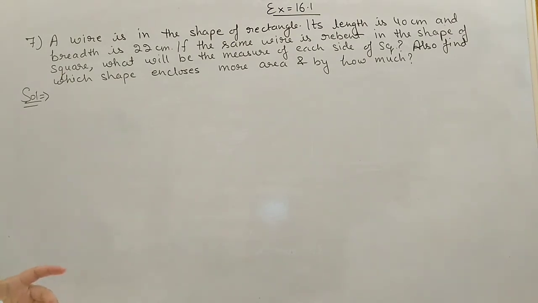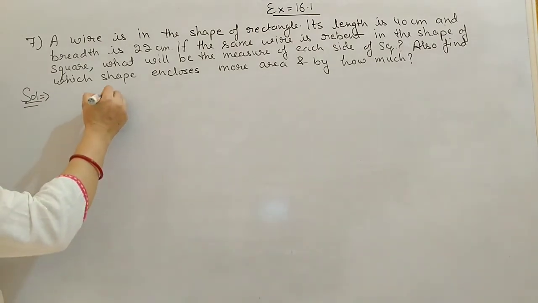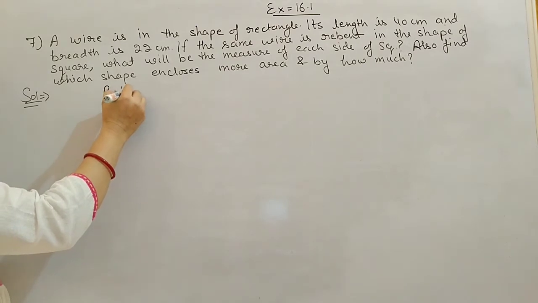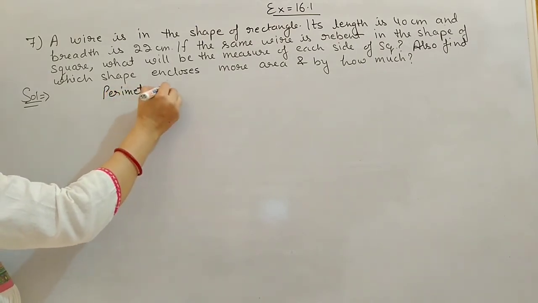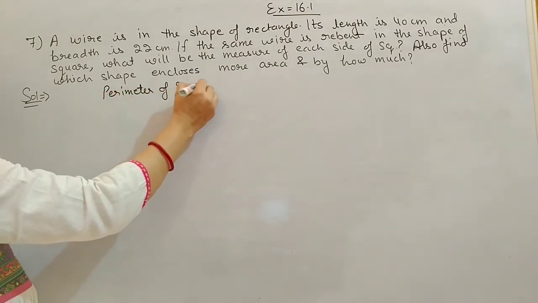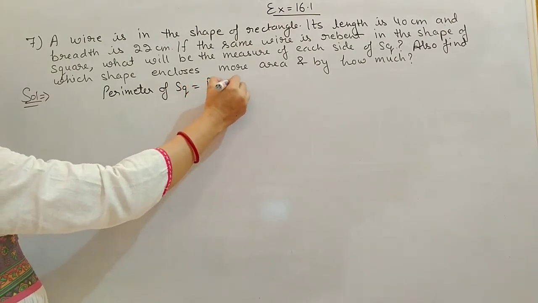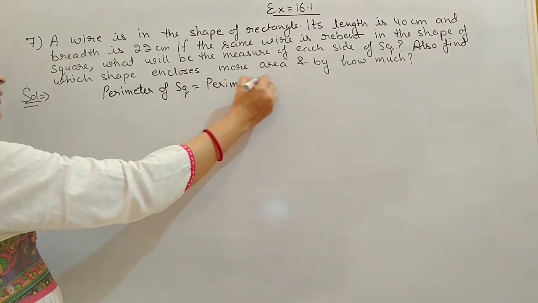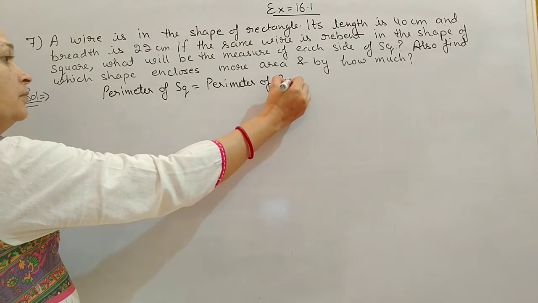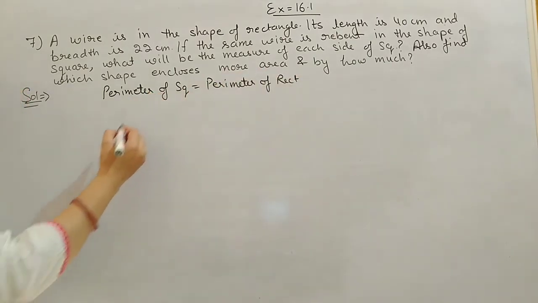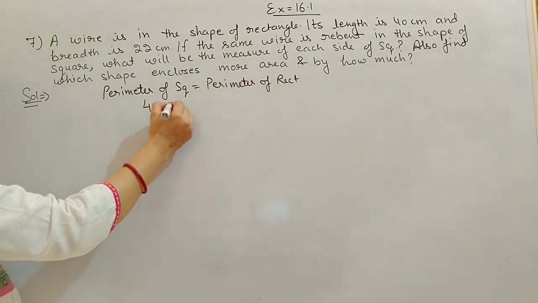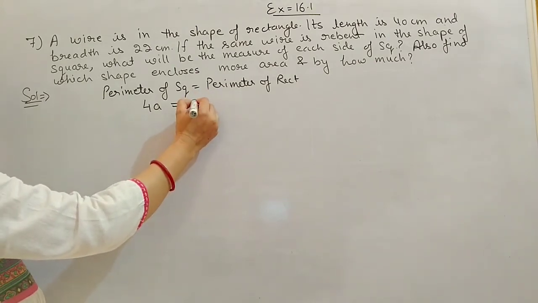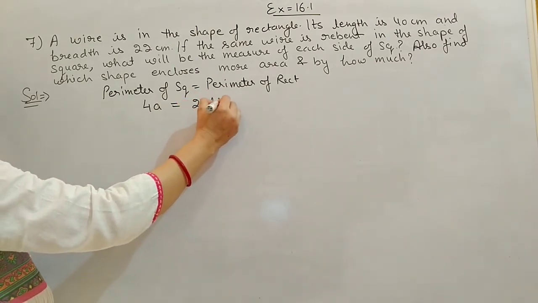So perimeter will be same. It means the perimeter of square and the perimeter of rectangle is same. So perimeter of square is equal to perimeter of rectangle. Perimeter of square formula is 4a, 4 into one side, and perimeter of rectangle is 2 into (length plus breadth).